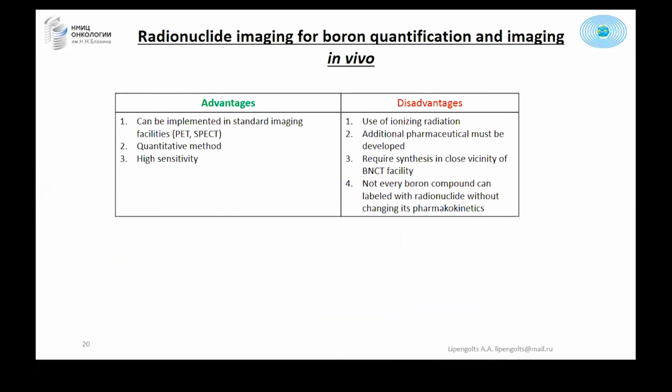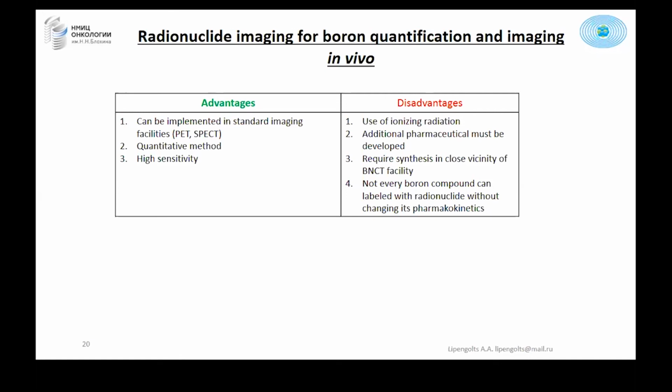The advantage of this method is that it can be implemented again in standard radionuclide imaging facilities like PET and SPECT. It's a quite quantitative method, and it has very high sensitivity. A disadvantage is the usage of ionizing radiation. To implement this method, additional pharmaceuticals must be developed with all the regulations matched and all the permissions achieved.